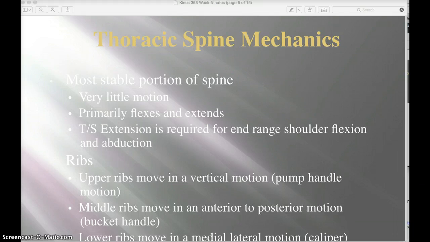Each rib articulates with the bottom half of the top transverse process, and then the top portion of the upper half of the bottom transverse process. So anytime there's a subluxed or dislocated rib, or a rib out of place, it's actually affecting two levels of the thoracic spine.